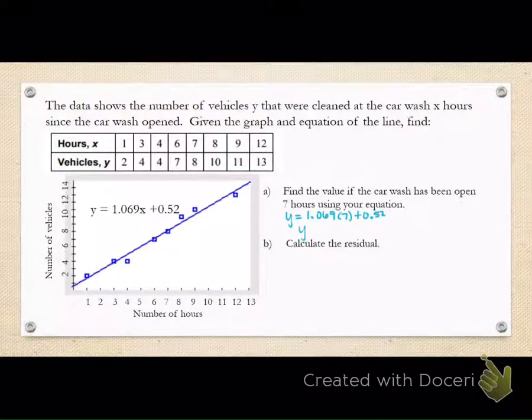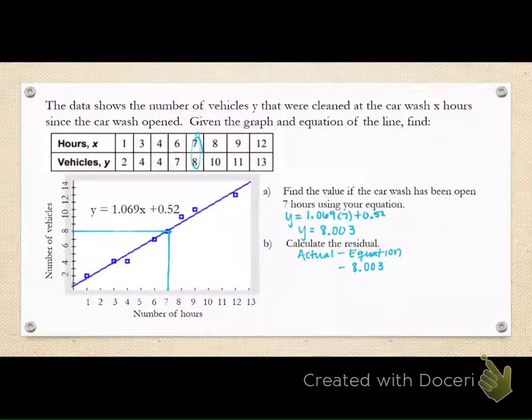Alyssa, what did you get? Okay, so we always do the actual minus the equation. So my equation value is 8.003. What is my actual if it's 7? Actual is 8.